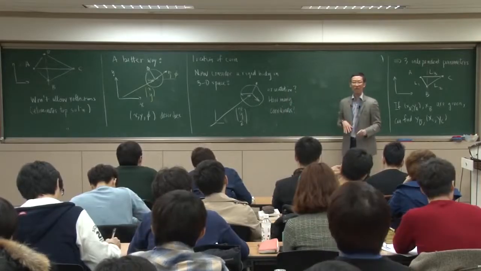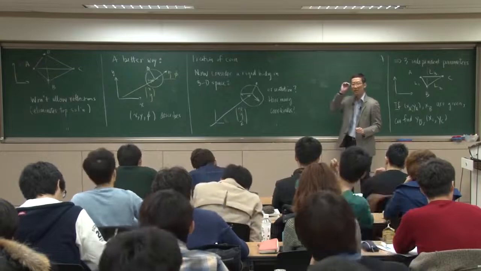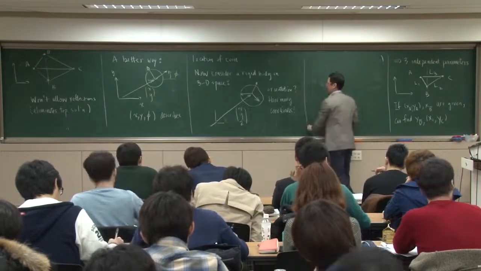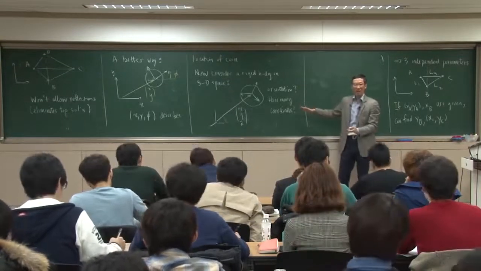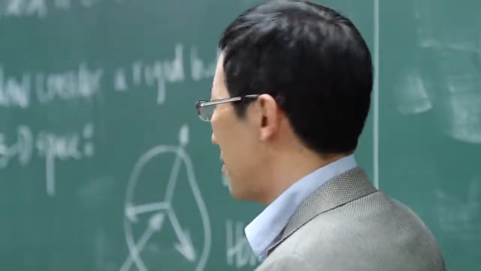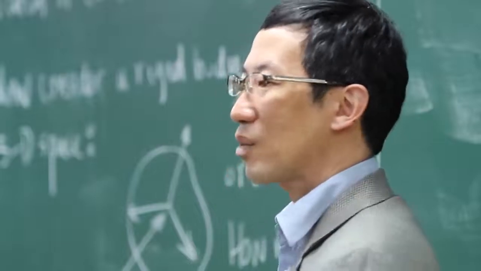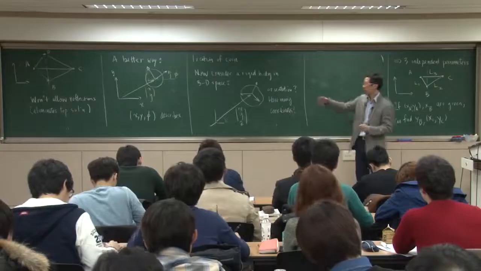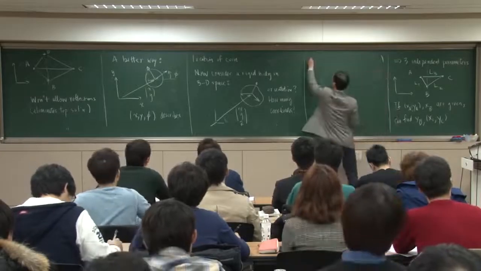So that's the more fundamental question to ask. Some of you might know the answer to this already. So how do we answer this question? Let's go back to basics.